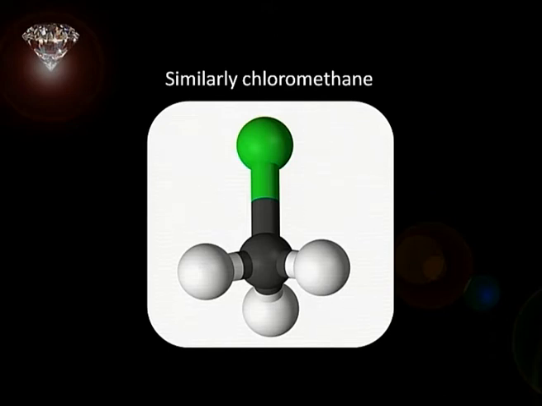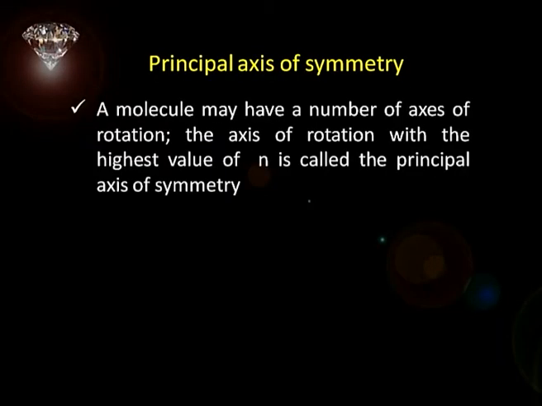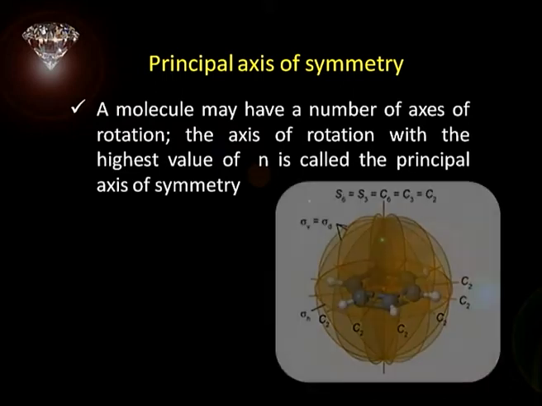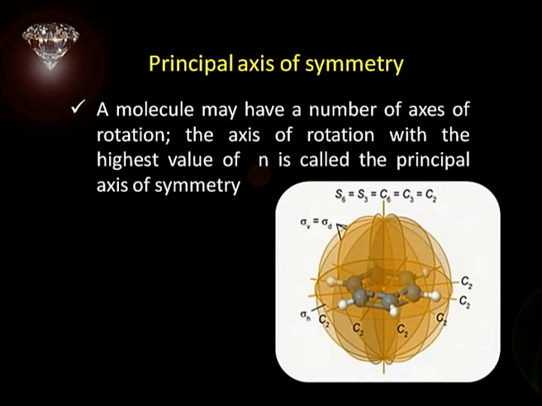Now, sometimes you may have a molecule which has a number of rotational axes. In such cases, we define a term called the principal axis of symmetry. That means, if a molecule has more than one axis of symmetry, the axis which has the highest value of n will be called the principal axis of symmetry. A typical example is the benzene molecule.